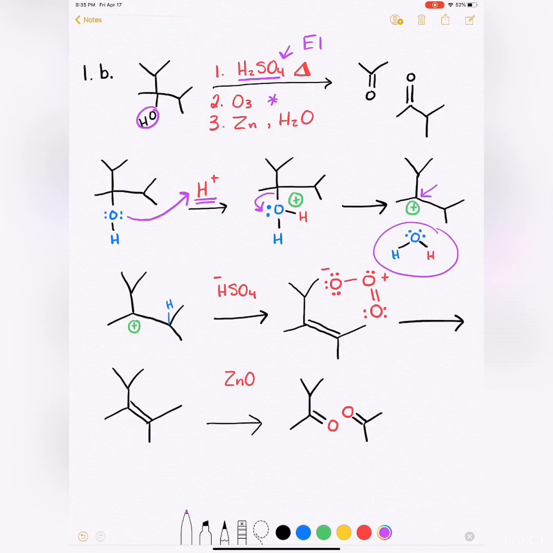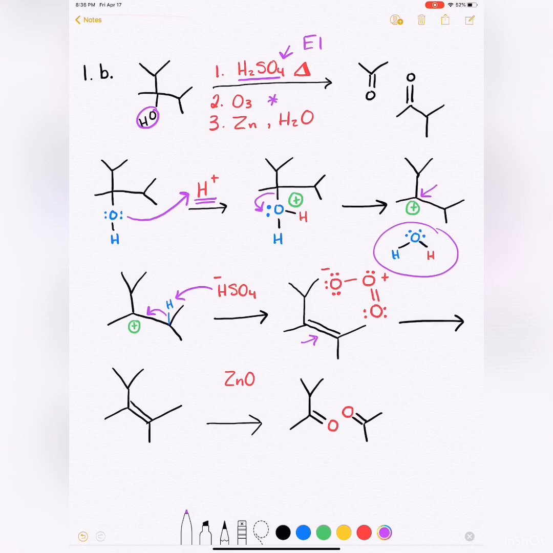Now, the rest of the E1 reaction, which will all happen in one step, is this conjugate base will come in and deprotonate that hydrogen. Those electrons will collapse on this bond, forming an alkene.